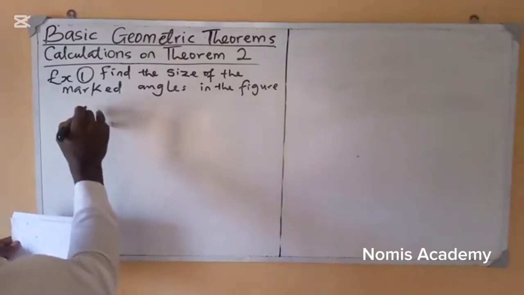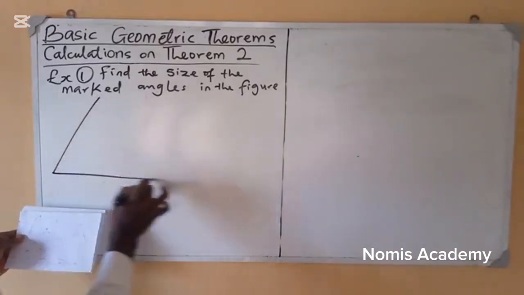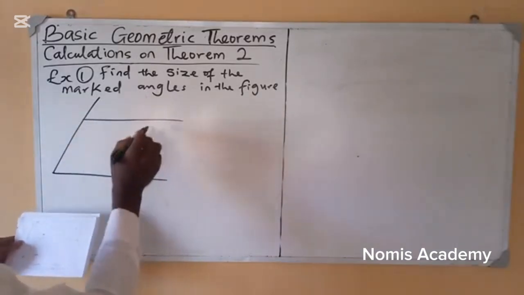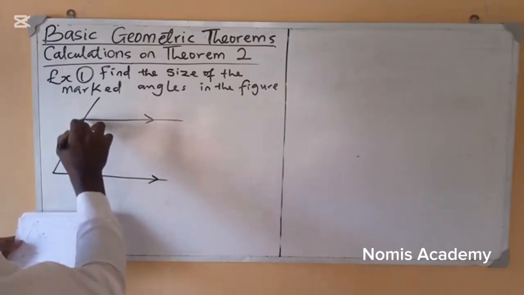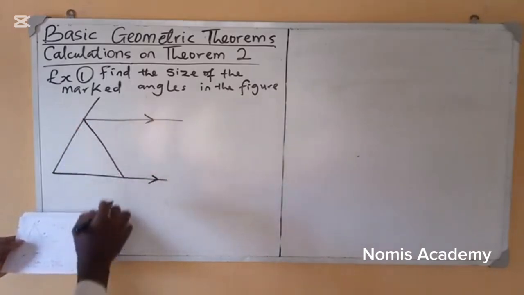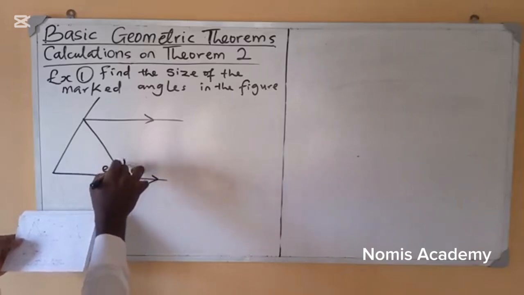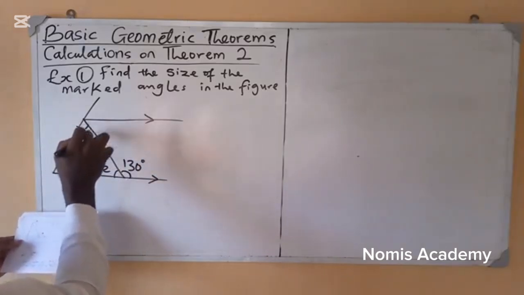All right, so we have a figure like this. This line is parallel to this, and then we have a triangle this way. We have E, and then we have 130 degrees. This angle is called F degrees.